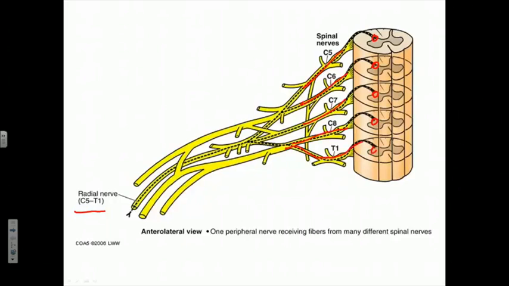And what we're showing here is that the radial nerve sends sensory fibers back into all 5 of the spinal cord segments that are providing cutaneous innervation to the upper limb. So we can effectively say that the radial nerve participates in some way in the sensory innervation of parts of 5 dermatomes, again through the intermingling of the sensory fibers that make up the brachial plexus.